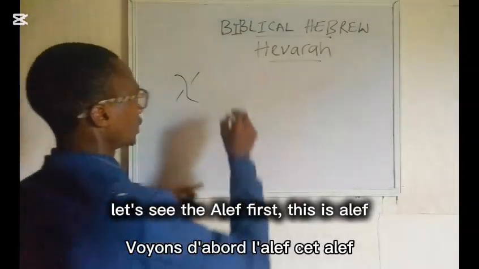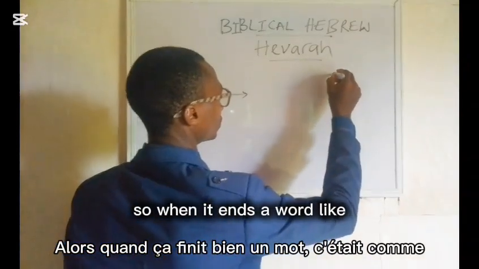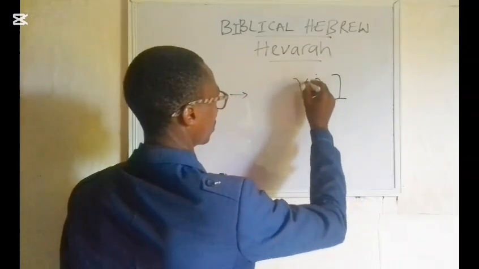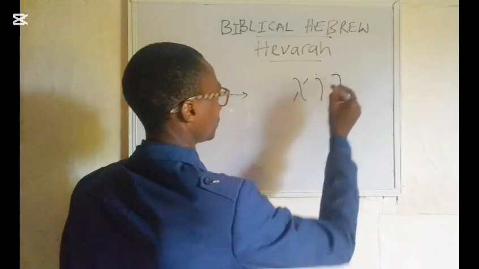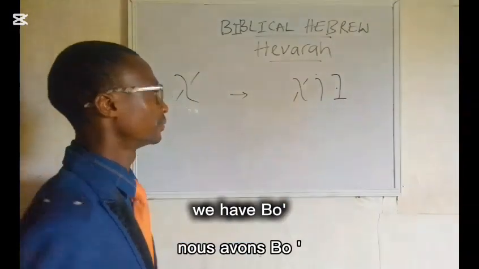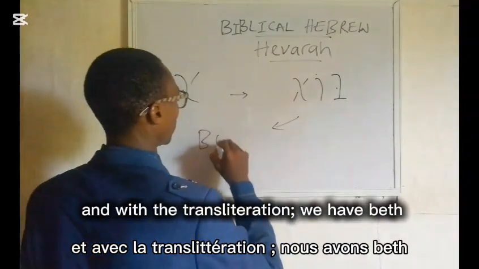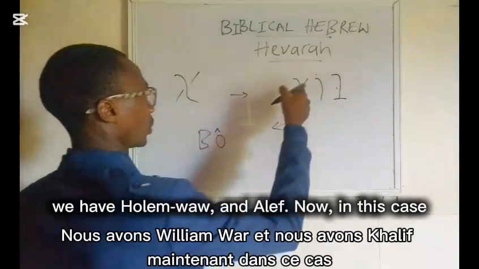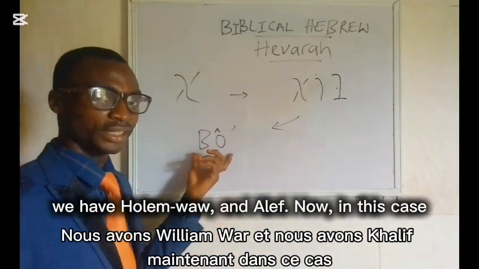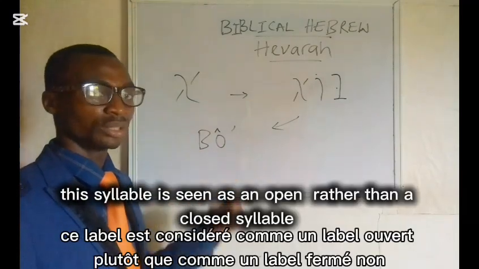When the aleph ends the word, we have a word like bo. With the transliteration, we have bet, kamets, vav, and aleph. Now, in this case, this syllable is seen as an open syllable rather than a closed syllable.